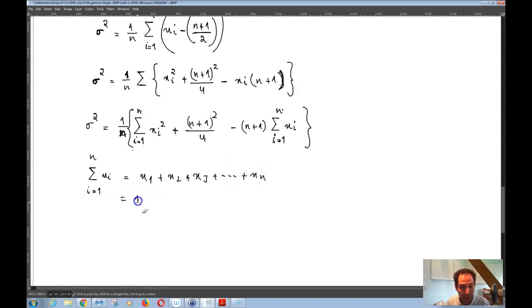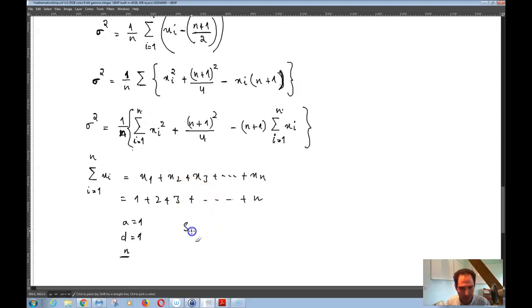And that's the same thing as 1 plus 2 plus 3 plus all the way up to n. Well, this is an arithmetic progression. As we discussed before, your a is equal to 1, your d is equal to 1, and the number of terms is n. You have n terms here.